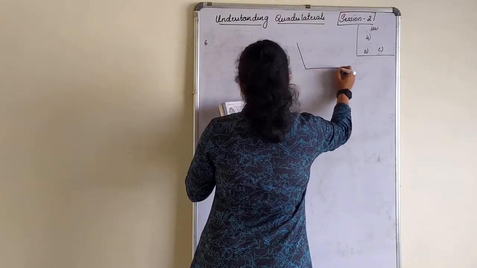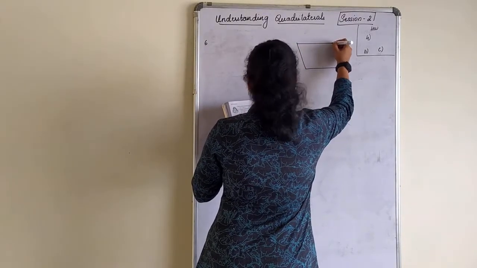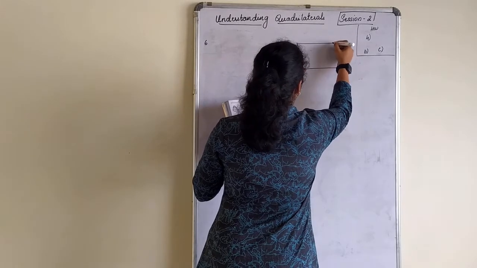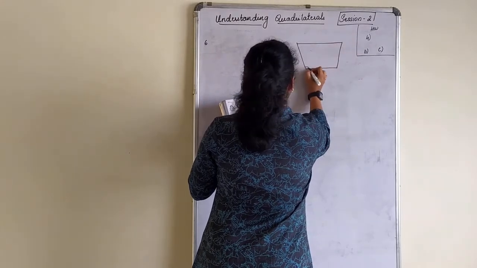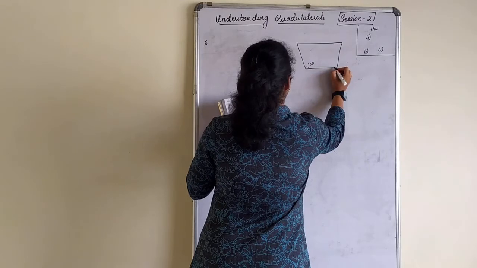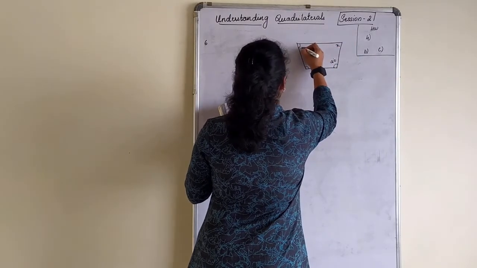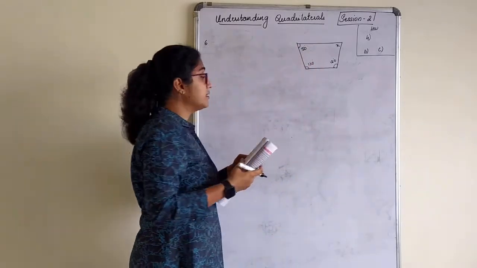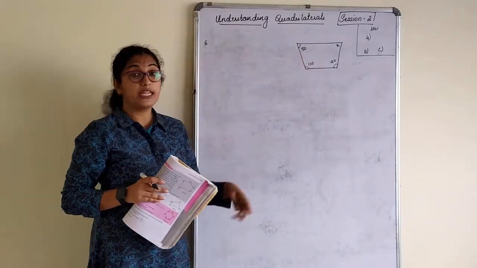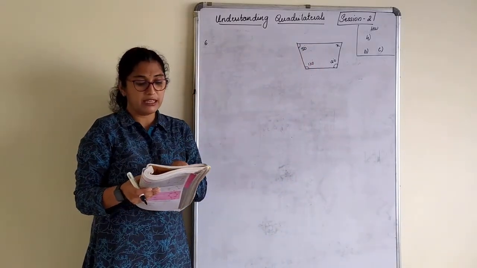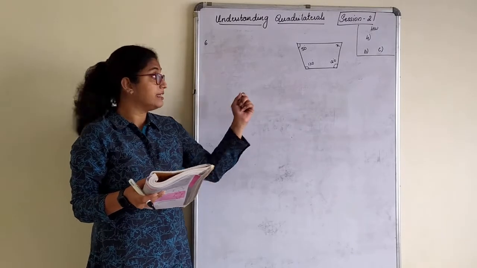A figure should be very neatly drawn. The angles are 130, 120, x and 50. Now children, one important thing I would like to tell you is, in the question paper the question comes like, find the measure of angle x in the given figure.